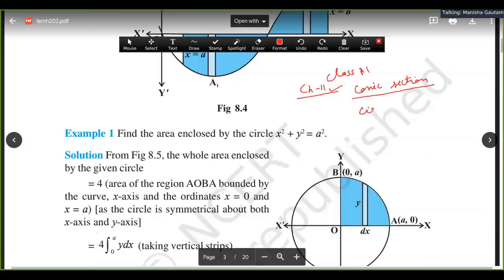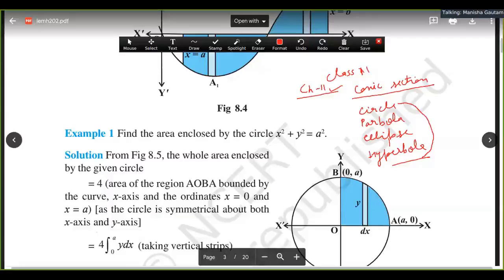First is circle, parabola, ellipse, hyperbola. These curves we have studied in chapter 11.